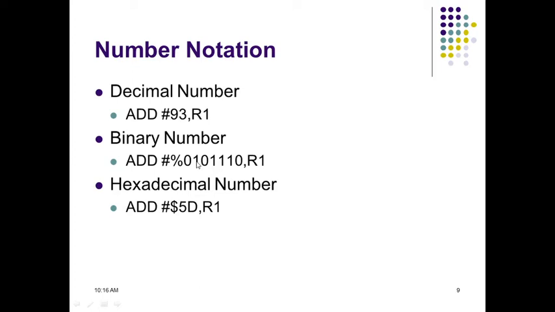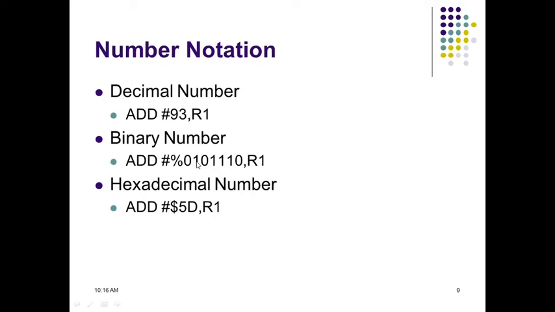The first 10 patterns are represented by the digits 0 to 9 as in BCD, that is binary coded decimal. The remaining 6 4-bit patterns are represented by the letters A, B, C, D up to F, right? So in hexadecimal representation, the decimal value 93 becomes 5D.